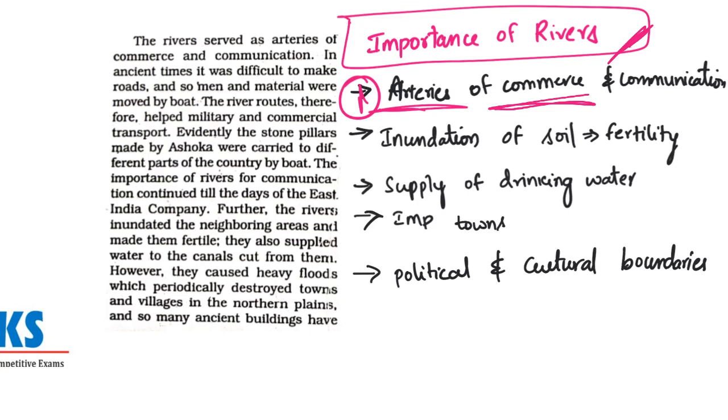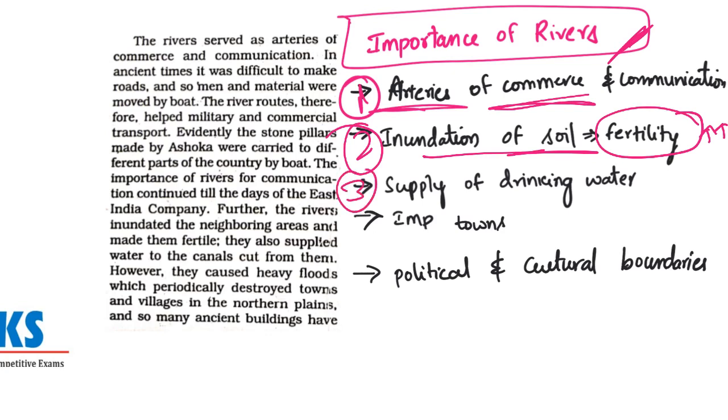The second thing the rivers do is the inundation of soil, as we all know. This inundation of soil adds to the fertility of that soil. This fertility in turn will improve agriculture, and improvement in agriculture means there will be an increase in the commerce as well as the economy of the country, right?